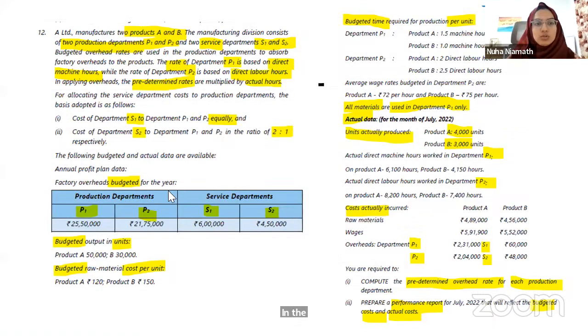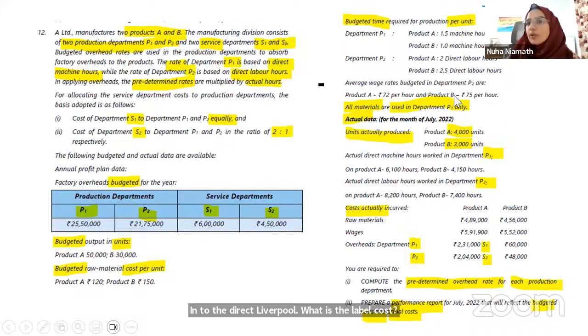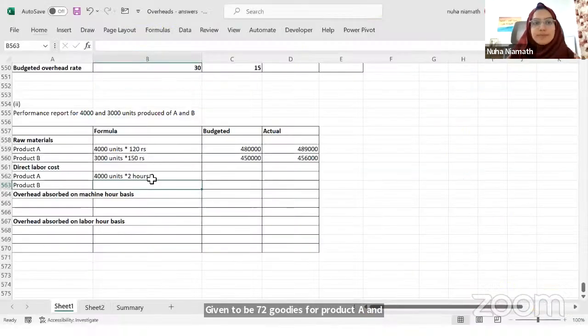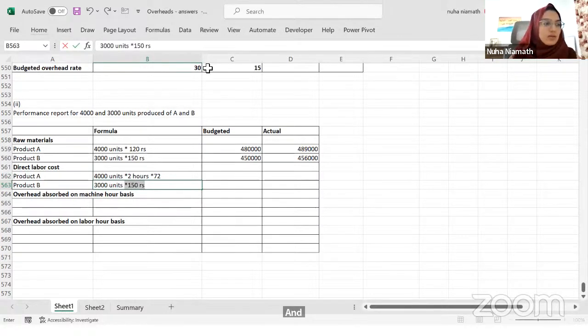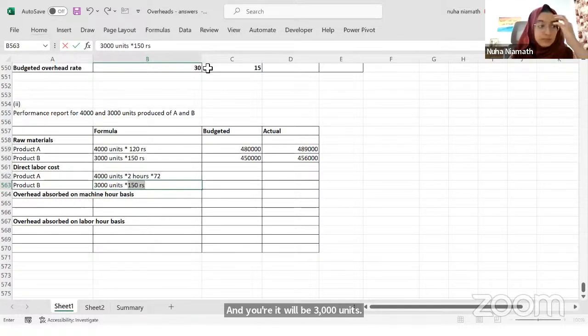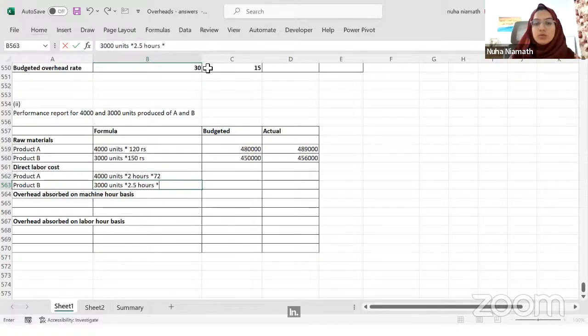What is the labor cost? It's given to be 72 rupees for product A and 75 rupees for product B. And here it will be 3,000 units into 2.5 hours into, what is the rate? Can someone tell me the rate?